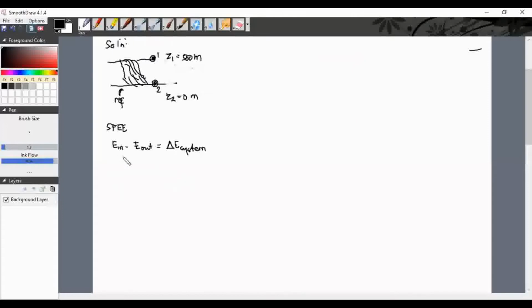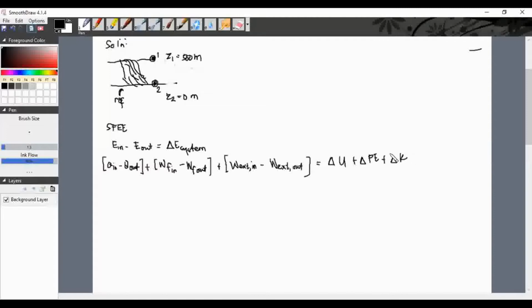Based on our lecture, the left side of the SFEE has heat in minus heat out, plus flow work in minus flow work out, plus work external in minus work external out, equals the change in energy of the system, which includes delta U plus change in potential energy plus change in kinetic energy.